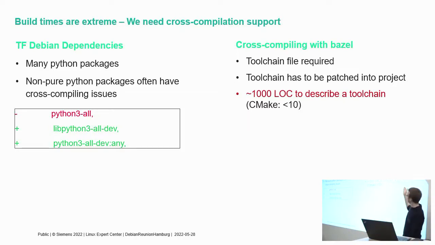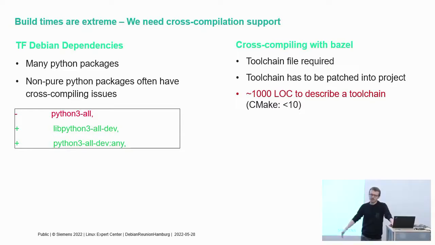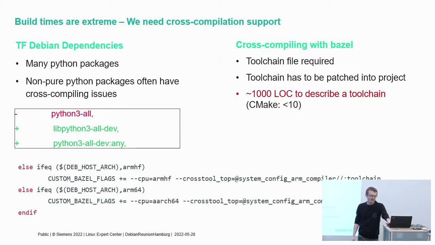You also have to write a toolchain file, but it has to specify very precisely where the compiler looks for things, where it's allowed to access files, and so on. This toolchain file is literally 1,000 lines of code. You can reuse it across the components that you build with Bazel, but it was really a hassle to create it in the first place.